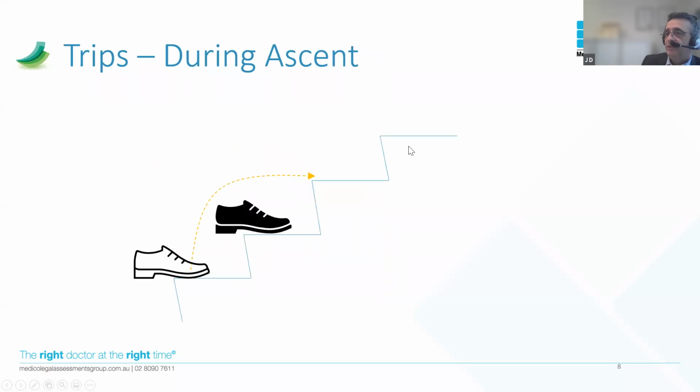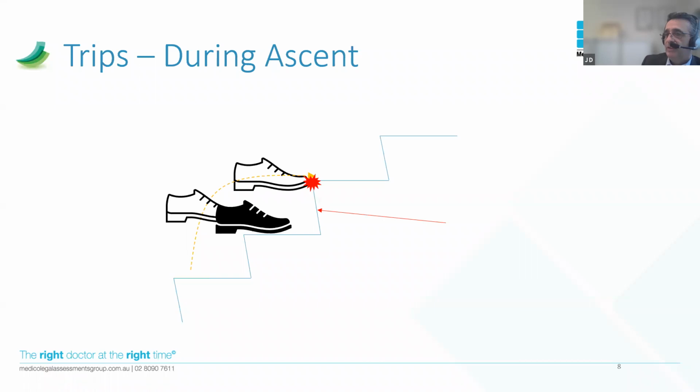Now, another trip can occur during ascent, when the foot is going up to the next step. It misjudges the height of the step and makes contact at the toe area. This again causes the person to trip forwards and onto the step.